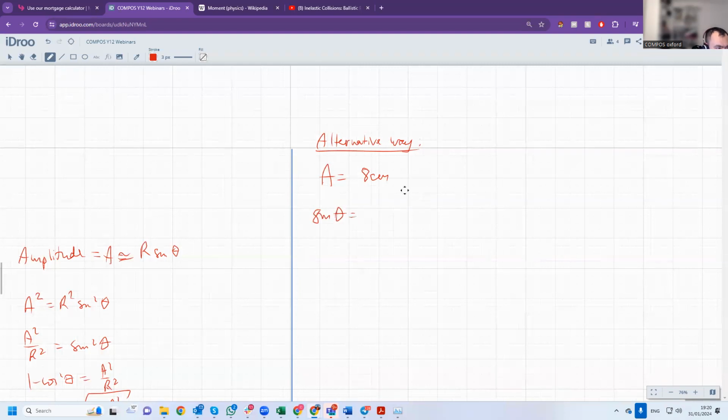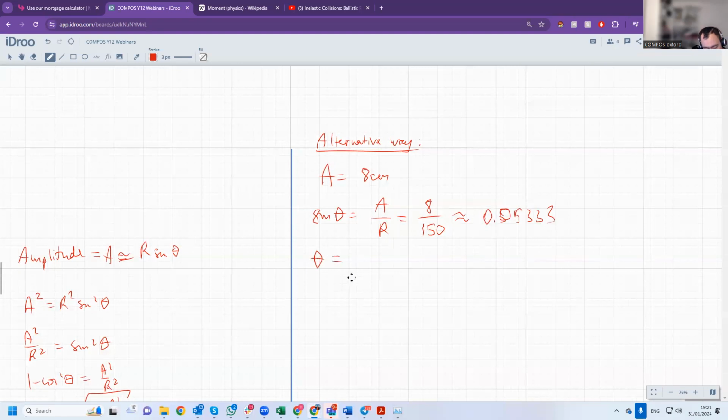Sine theta is amplitude divided by the radius, which is 8 divided by 150 centimeters, which is 0.05333.